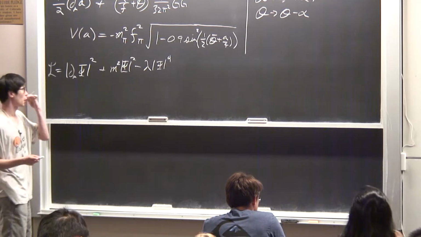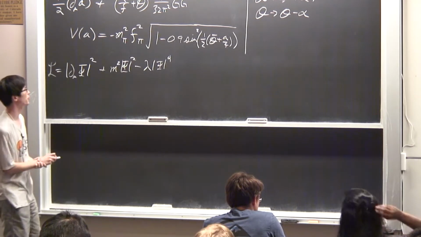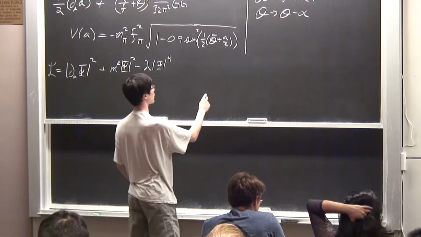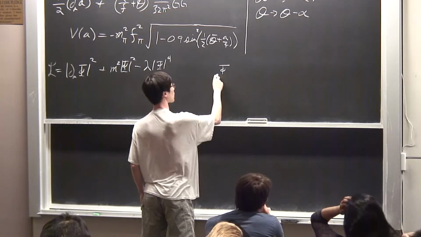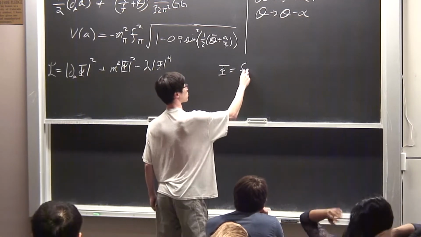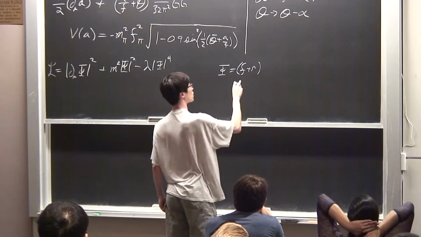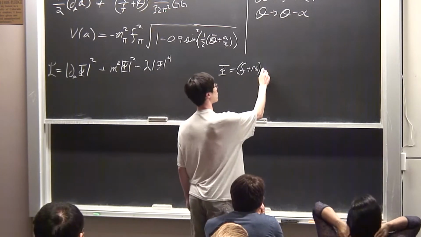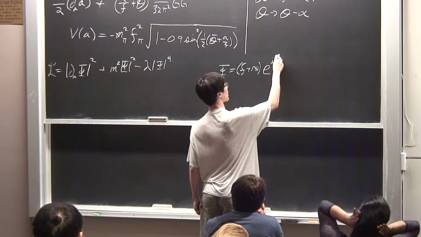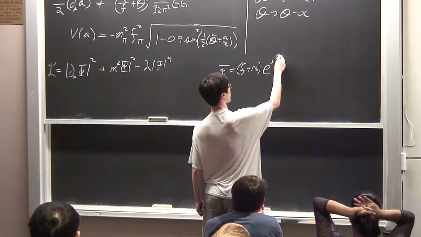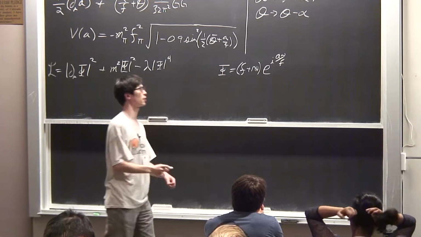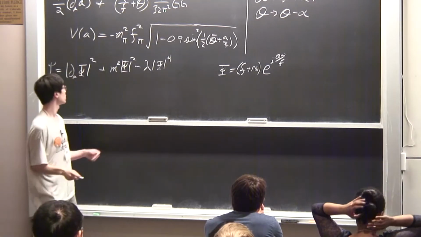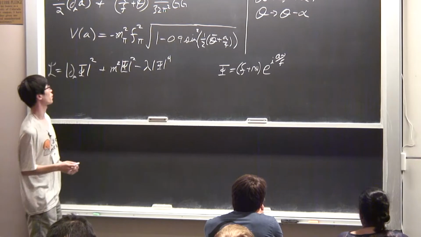And so you get a VEV here. We're going to then expand phi as f plus some radial mode, just to make clear that this is a field, then e to the I A over f, where A here is your Goldstone boson. So this is our first starting point.